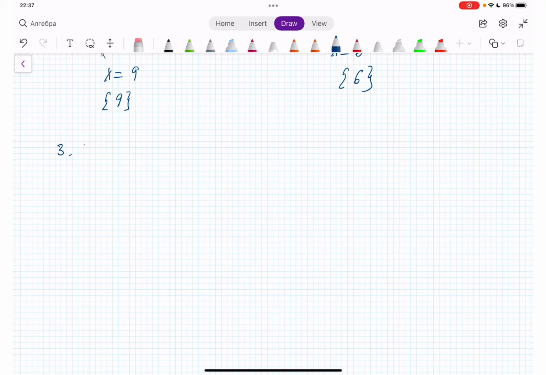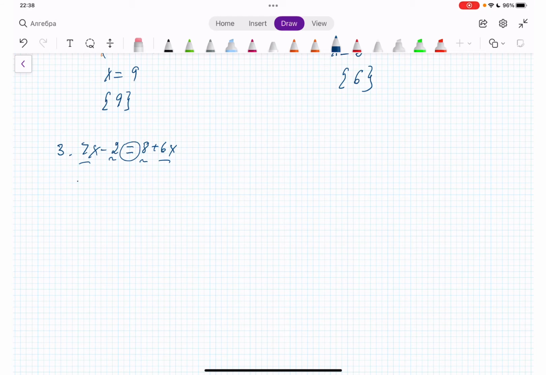What do we have here? 7x minus 2 is equal to 8 plus 6x. Now, the x's I'm going to collect on the left side of the equal sign, and 2 and 8 on the other side of the equal sign.